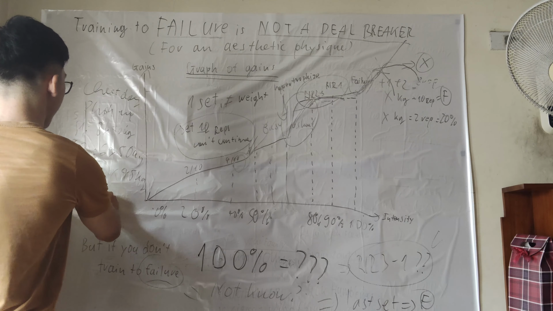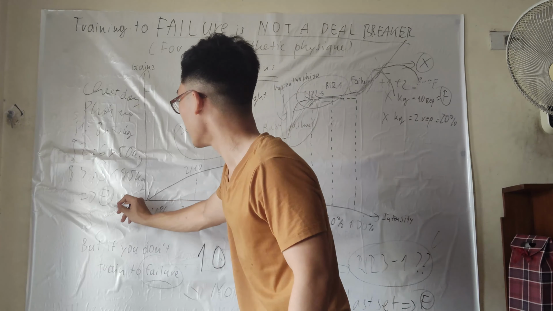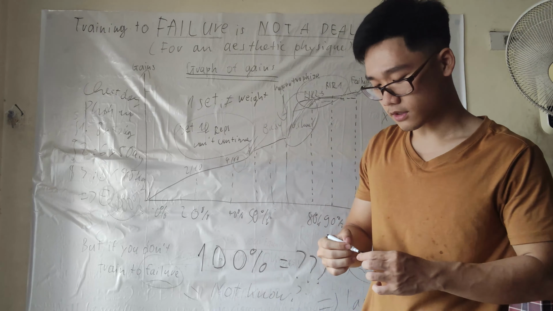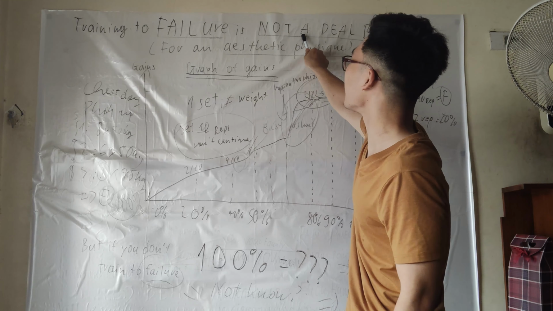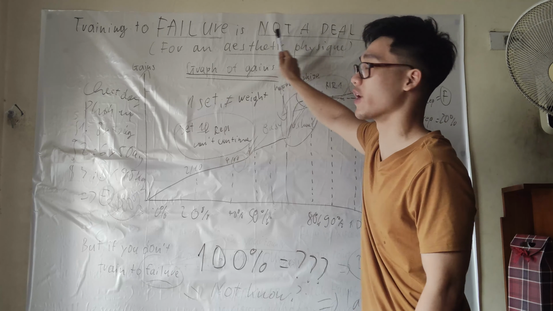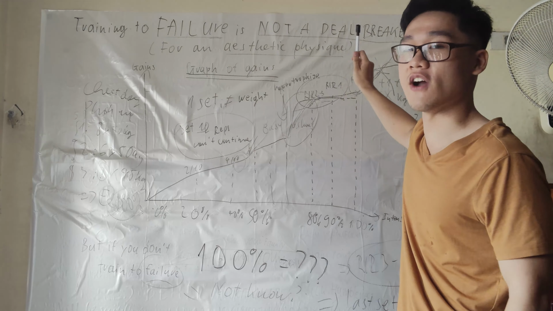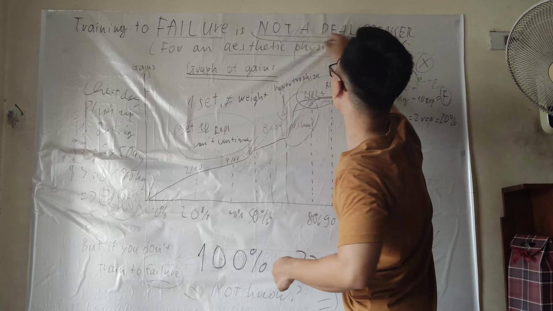But to failure, you have to push until it's 100% of your effort. So if you wanna know how to not train to failure, it's not a deal breaker. Training to failure is not a deal breaker, but you would have to know how failure feels like to have this not be a deal breaker.